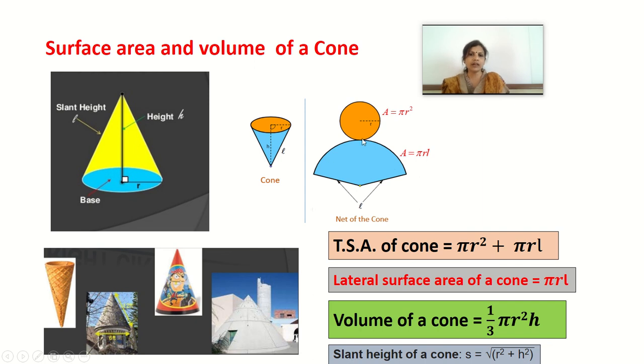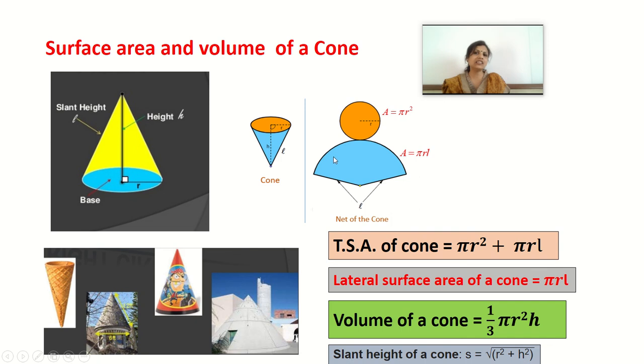So when I have to find out total surface area of a cone, I have to add the area of the circle and area of this particular part of the cone. So total surface area of cone is equal to pi r square, that is the area of the circle, plus pi r l, that's the area of this part that's called the sector of a circle.